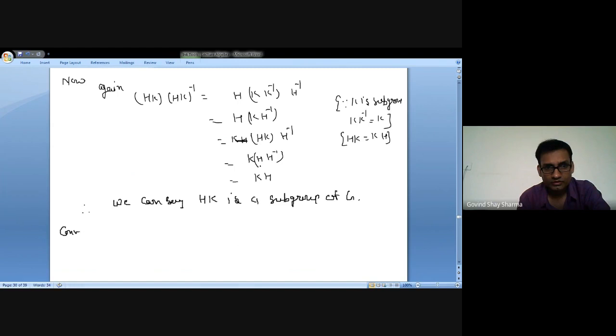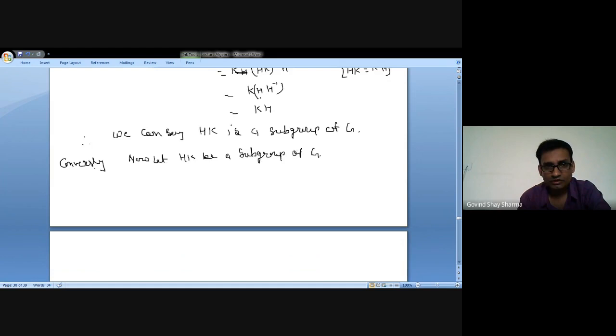Conversely, now let HK be a subgroup. That means HK is a subgroup, which implies HK inverse is equal to HK.